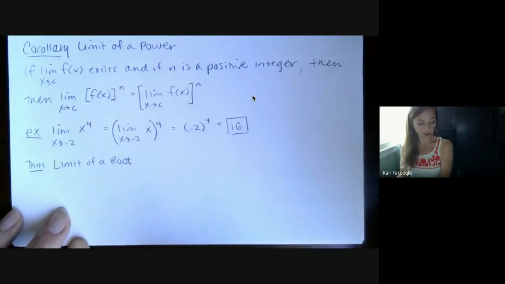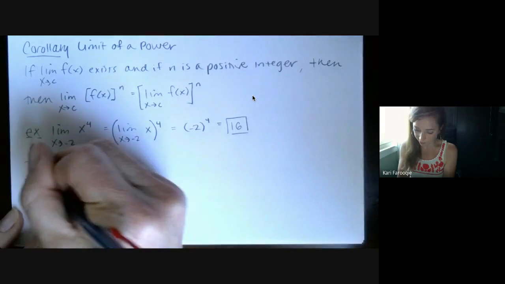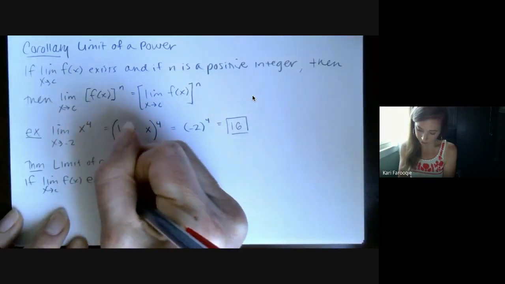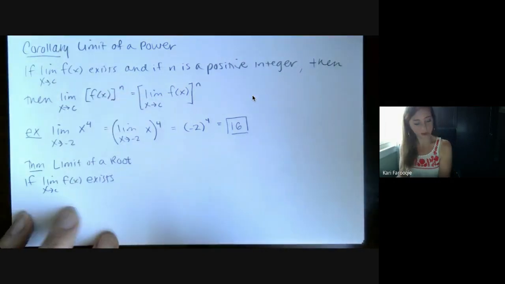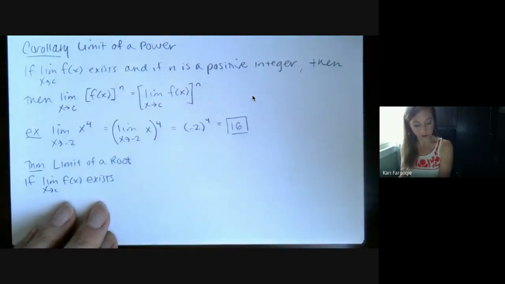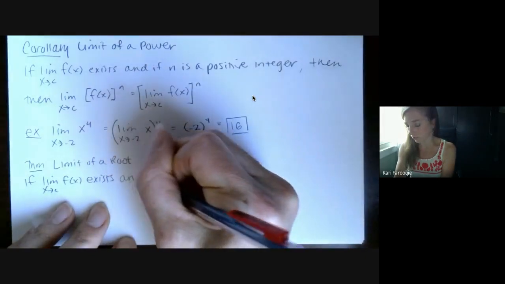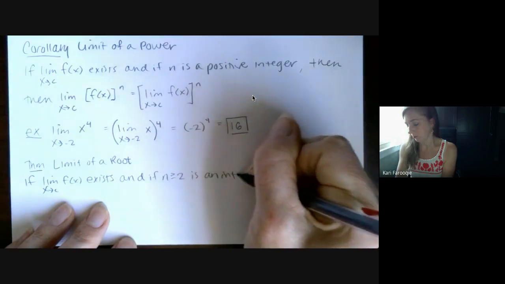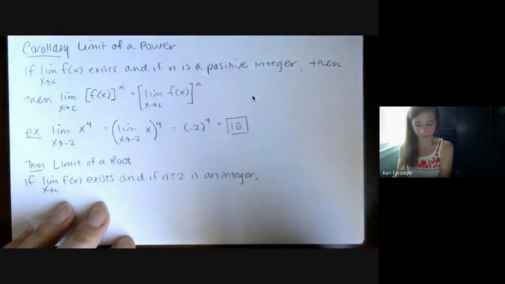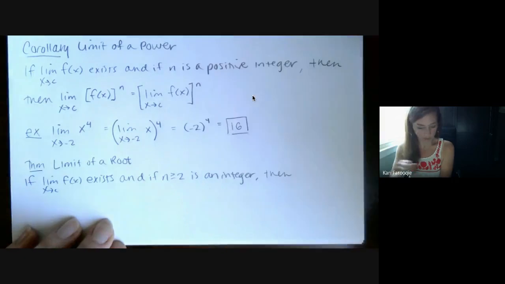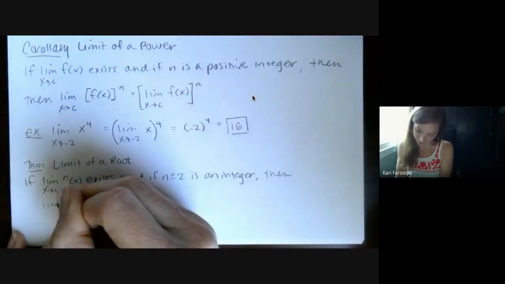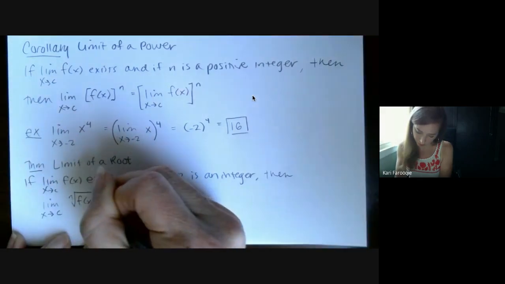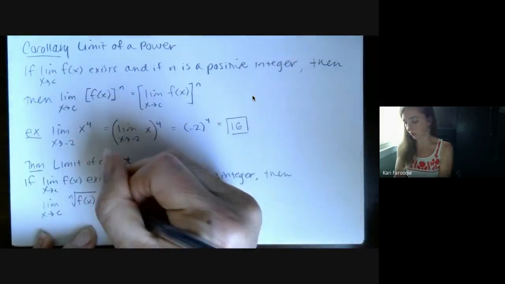If the limit as x approaches c of f of x exists, and if n greater than or equal to 2 is an integer, then the limit as x approaches c of the nth root of f of x.